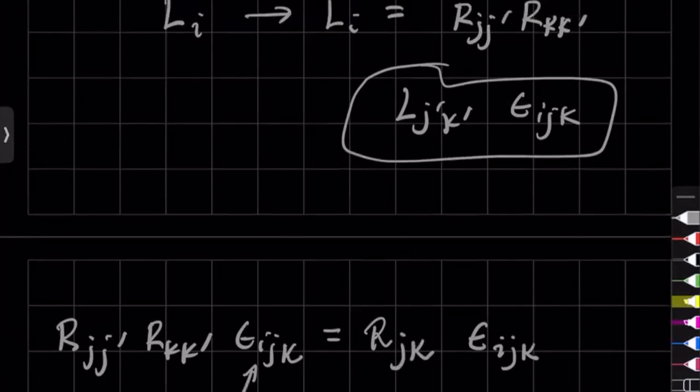And once we use this over here, this guy and this guy will give me L J prime, K prime, R, J, K.